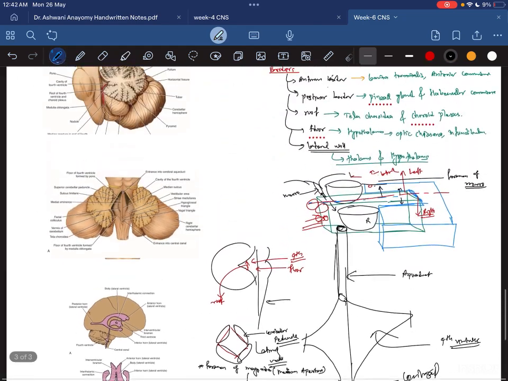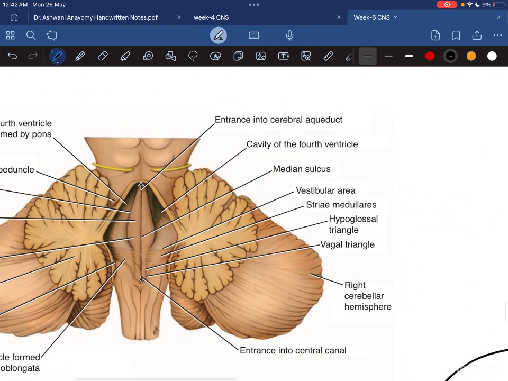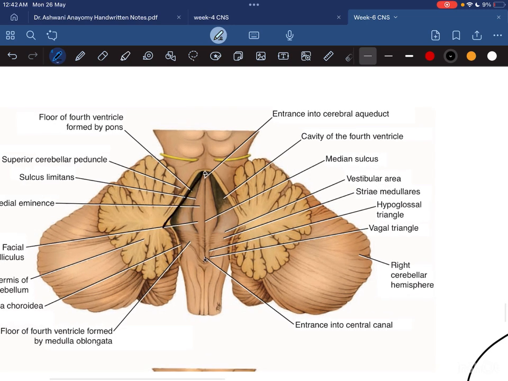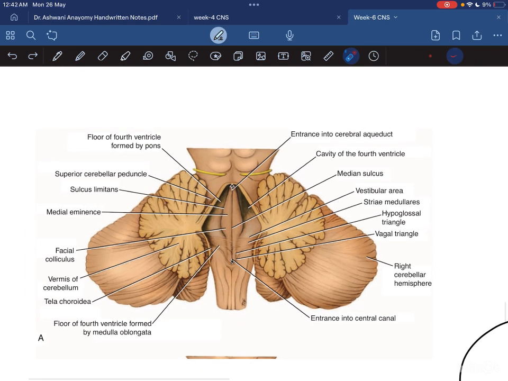Like when you look at this image, this is the fourth ventricle. Here is the cavity of the fourth ventricle, and this is posterior to the pons and medulla.